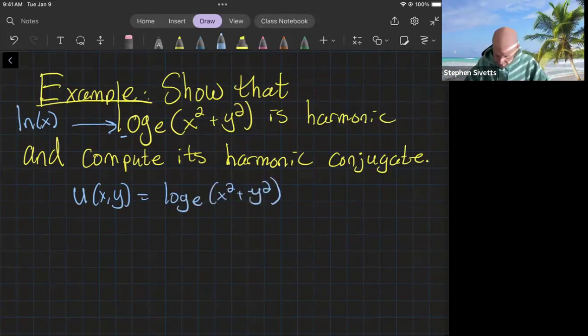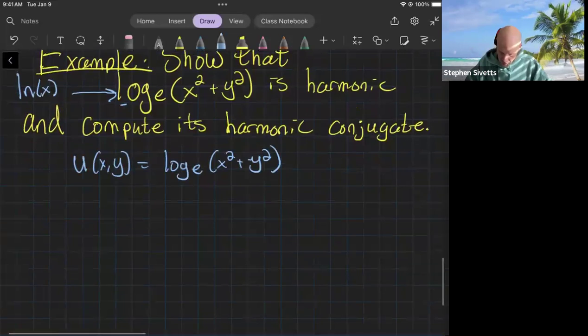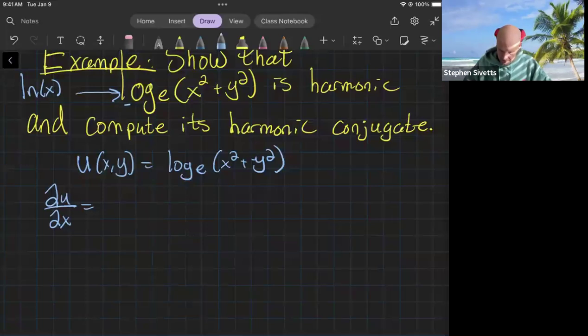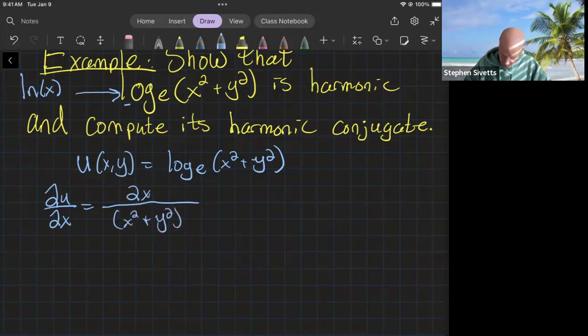Okay, so first we need to compute the partial of u with respect to x. So take the derivative of this function with respect to x and treat the y variables as constants. That would be 2x divided by x squared plus y squared.